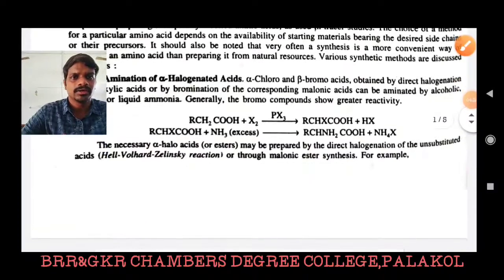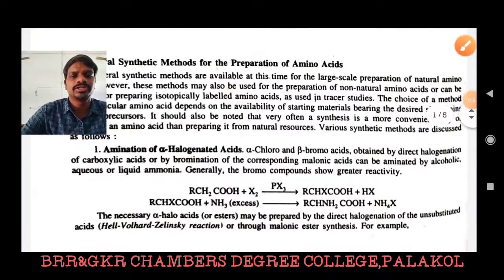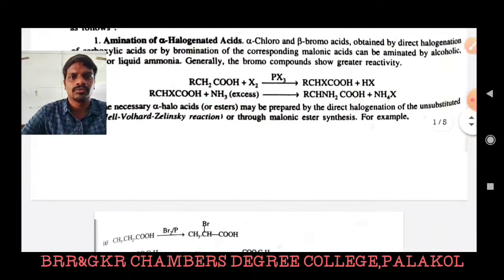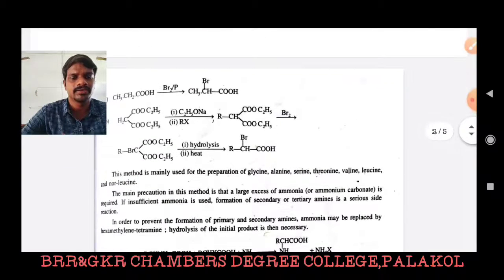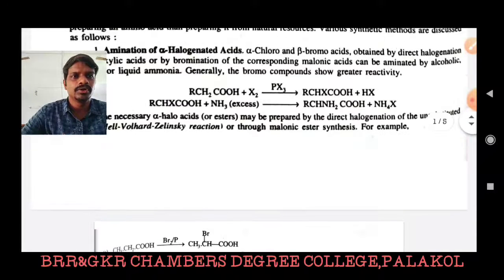So, here what is the preparation method? Elimination of alpha halogenated acids. So, we can carry out elimination on alpha halogenated acids, then we can get alpha amino acids.